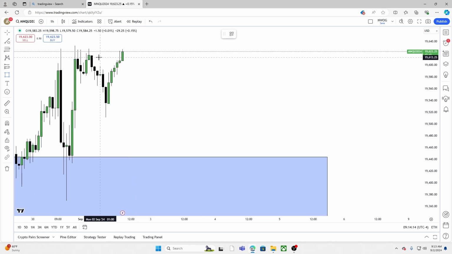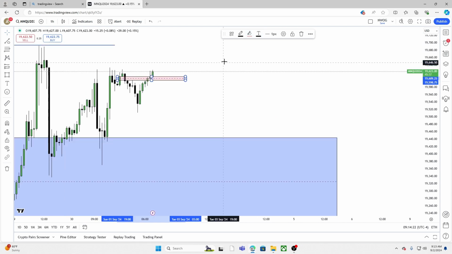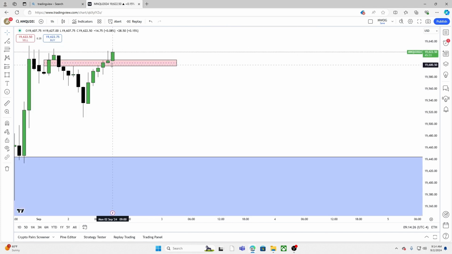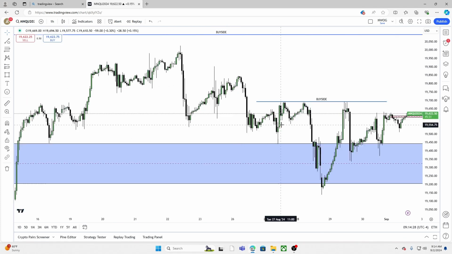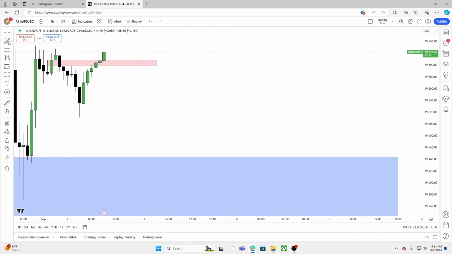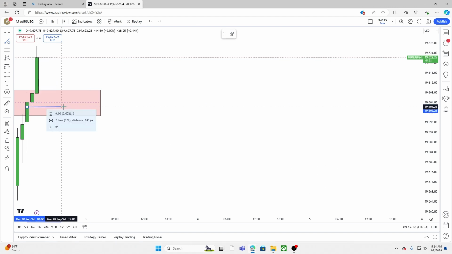So we have an inversion fair value gap right here, which is a SIBI. I'll make that a little darker. All right, so we have our SIBI right here, and we also have a 1 hour fair value gap right here.